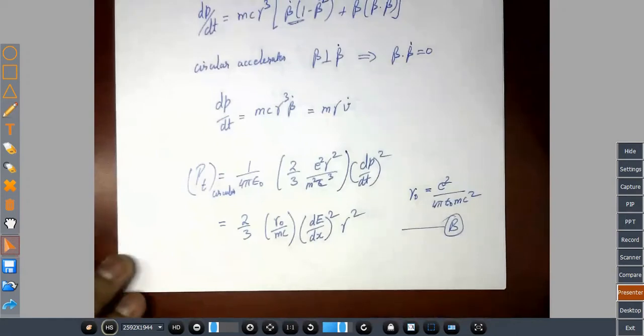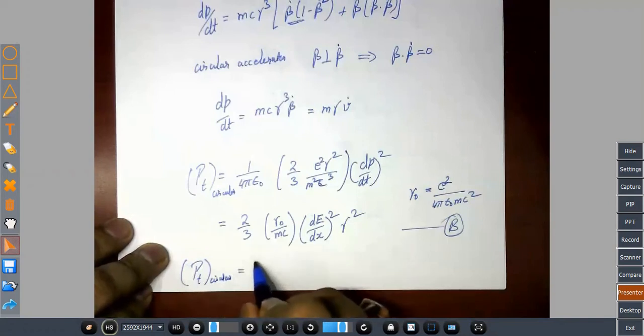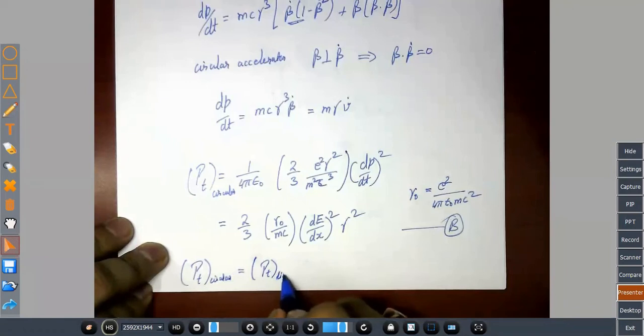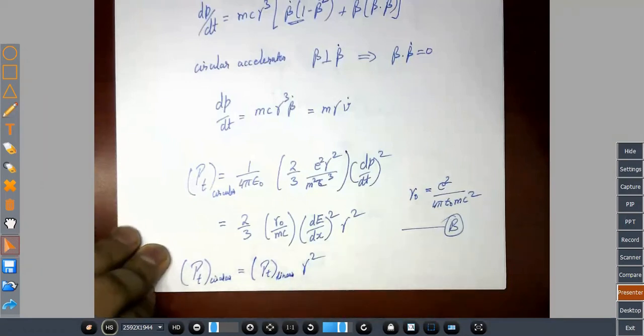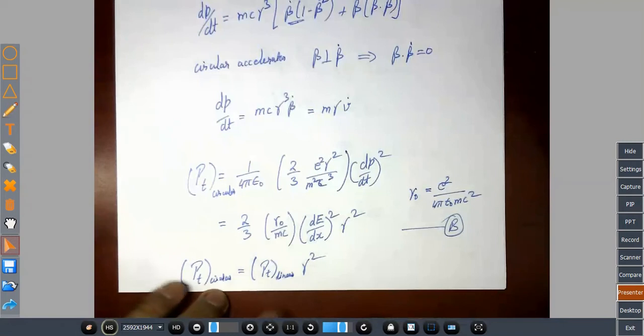So comparing these two equations, A and B, because this is P linear.